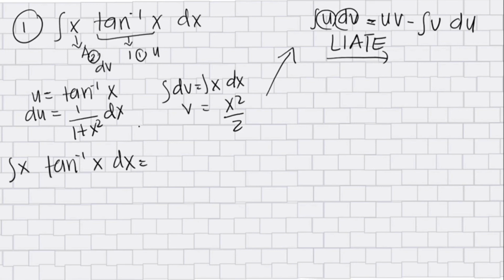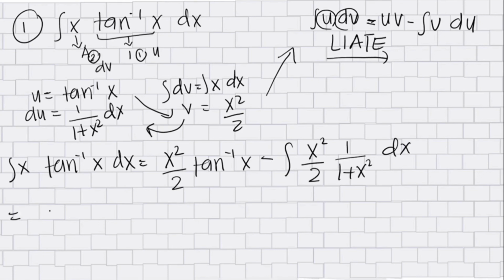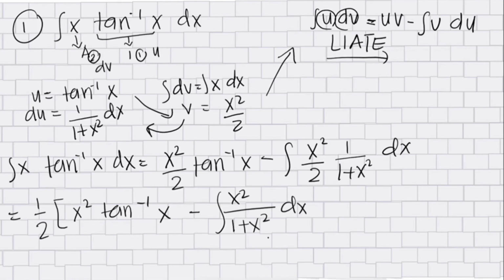After that, u multiplied with v and then v multiplied with du. And then there, we have constant 1 over 2, so we can take out the 1 over 2. For this fraction, it's quite tricky to integrate, but we can separate it into 2 fractions, which is plus 1, minus 1.